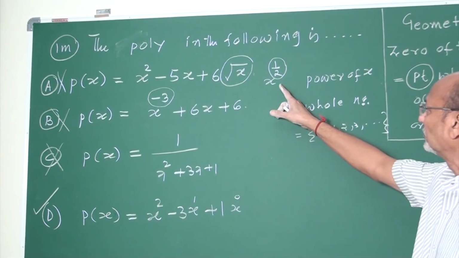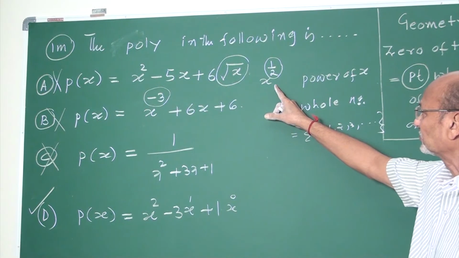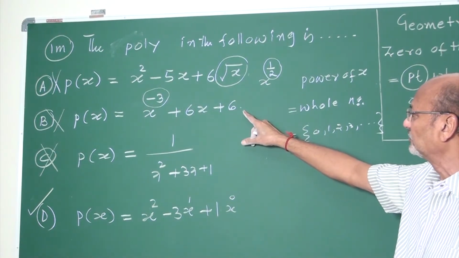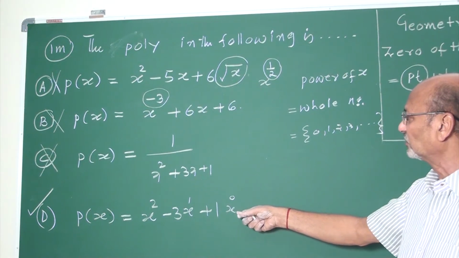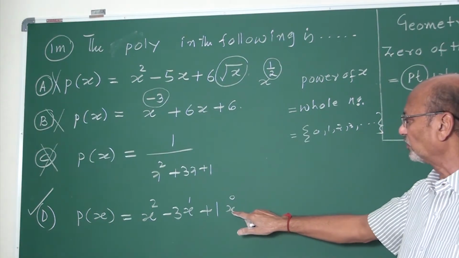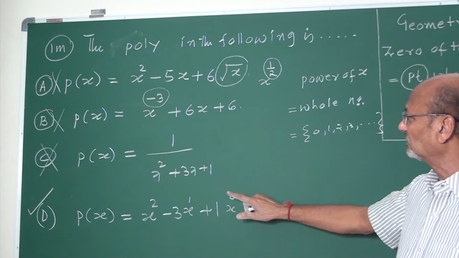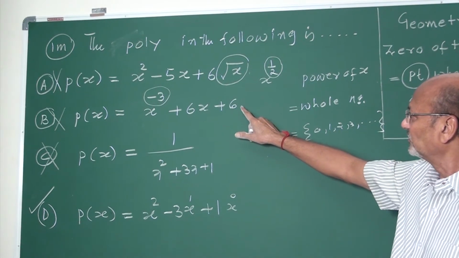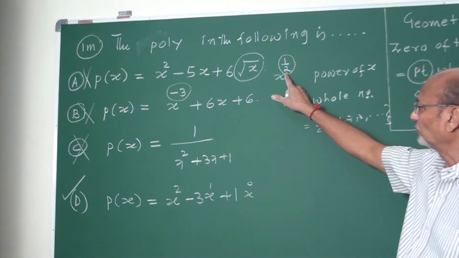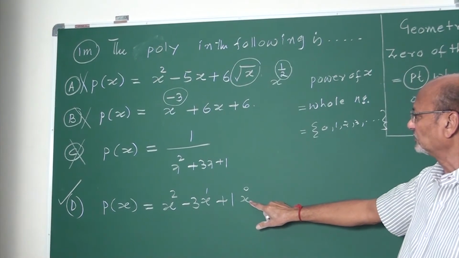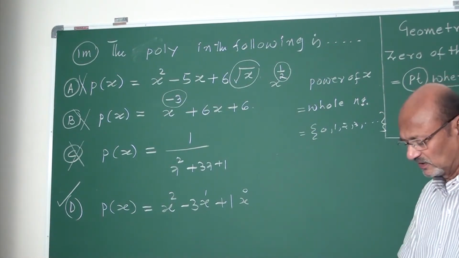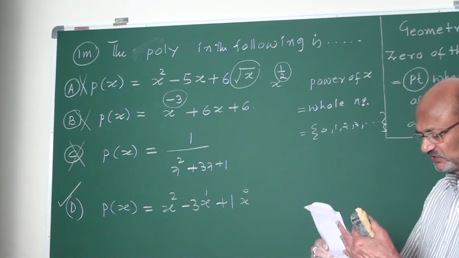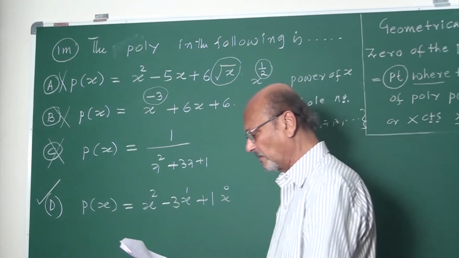Then it is an algebraic structure. Therefore, a polynomial is an algebraic structure, but an algebraic structure is not necessarily a polynomial. Yes, my friends, this is one good question. Next one.